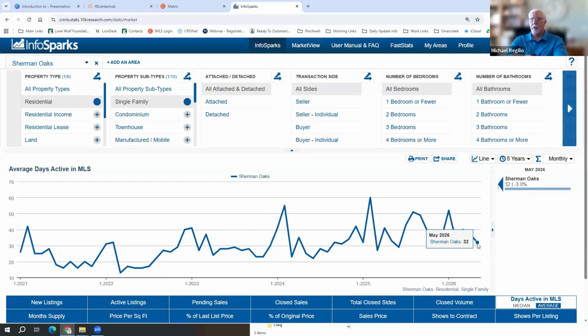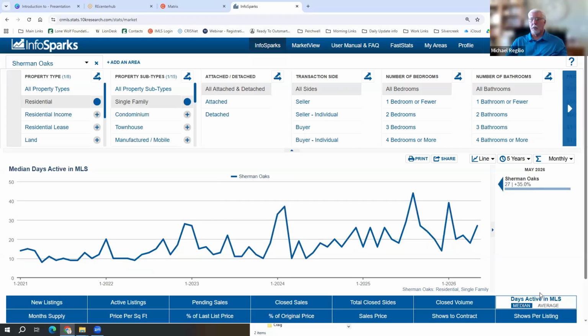This is something that we've used with our sellers to let them know that, depending on the strategy we use for pricing and putting your home to market, on average it's going to take 32 days to get an offer on your property. If we need that time frame to be less, because you need to be somewhere else or you have a house that you want to make an offer on, then we have to be above average when it comes to our price strategy and positioning.